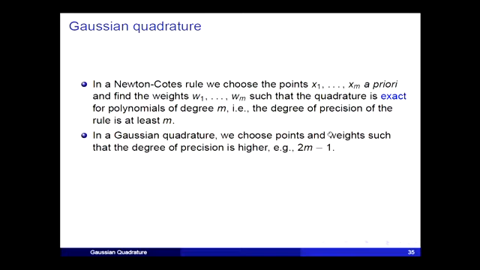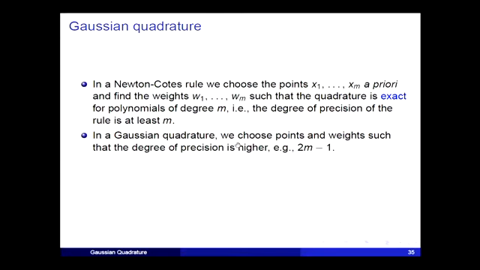Because he said it is possible to make the degree of precision higher, 2m minus 1, yeah? So with Newton, if you plug in a polynomial of degree m, then its integral is exact with numerical integration. But if you put in something of degree m plus 1, then the error is non-zero, okay? But Gauss said that I can do better. If you plug in a polynomial of degree 2m minus 1, the rule is still exact.